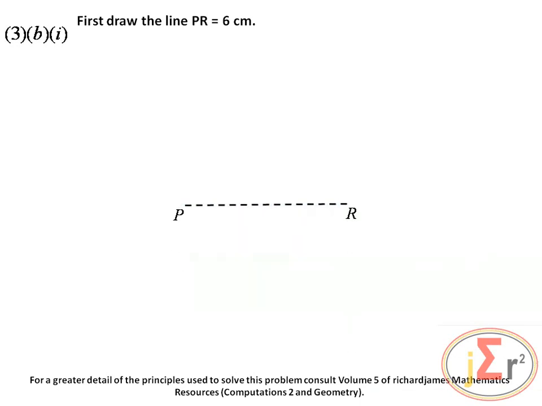Next, we are going to construct the angle QPR equal to 60 degrees. So QPR, the middle letter, will be the vertex where the angle is located. So we are going to construct that 60 degrees angle at P by placing the compass point at P and making arcs like that.